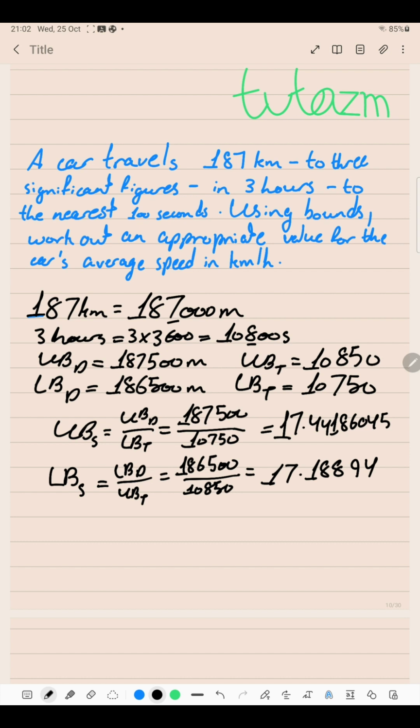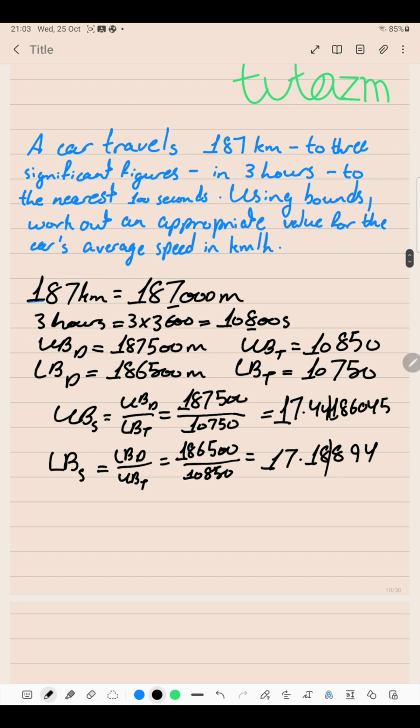Okay. When it says using bounds, work out an appropriate value for anything, you have to look at the upper bound that you've got and the lower bound that you've got, and then you have to see where they round to the same value at which decimal places. So here, if you look, for example, at 2 decimal places, that doesn't work out, does it? Because 17.44 is not the same as 17.19, which we'd get for the lower bound of the speed.